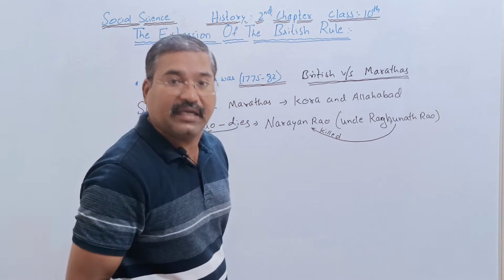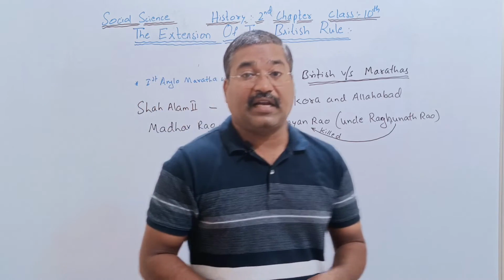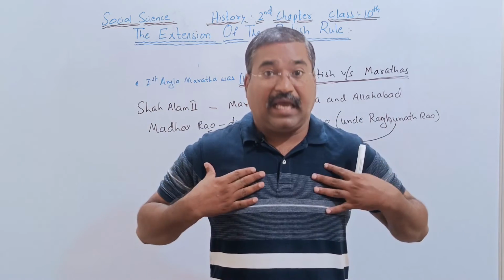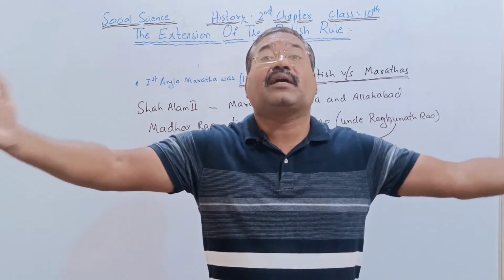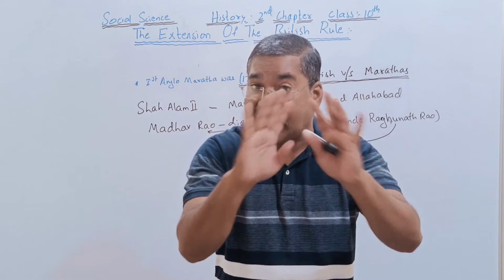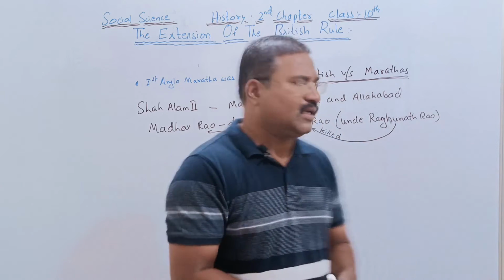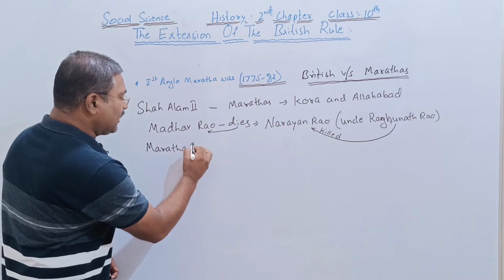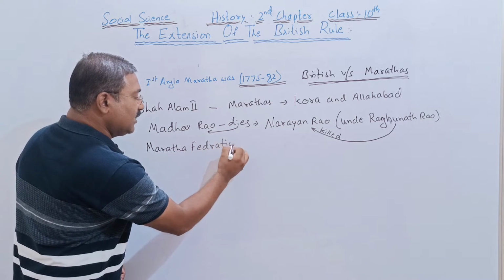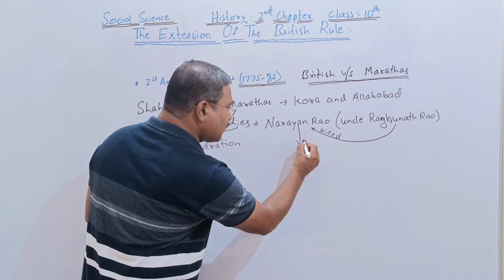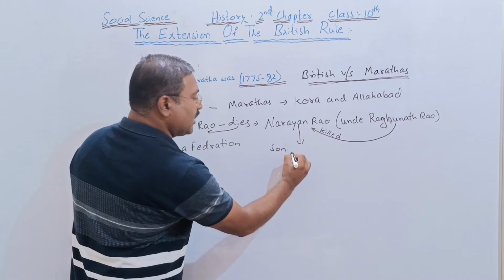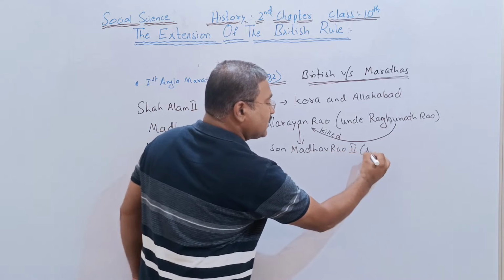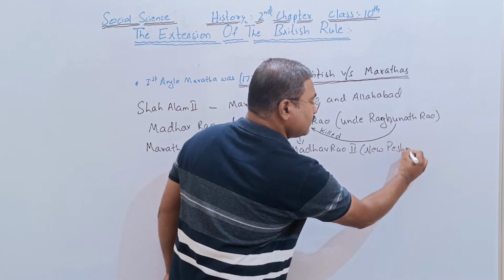Raghunath Rao killed Narayan Rao, thinking he alone, who was the competitor, could now easily become the Peshwa. But it did not happen like that. The Maratha Federation brought Narayan Rao's son, Madhav Rao II, as the new Peshwa.